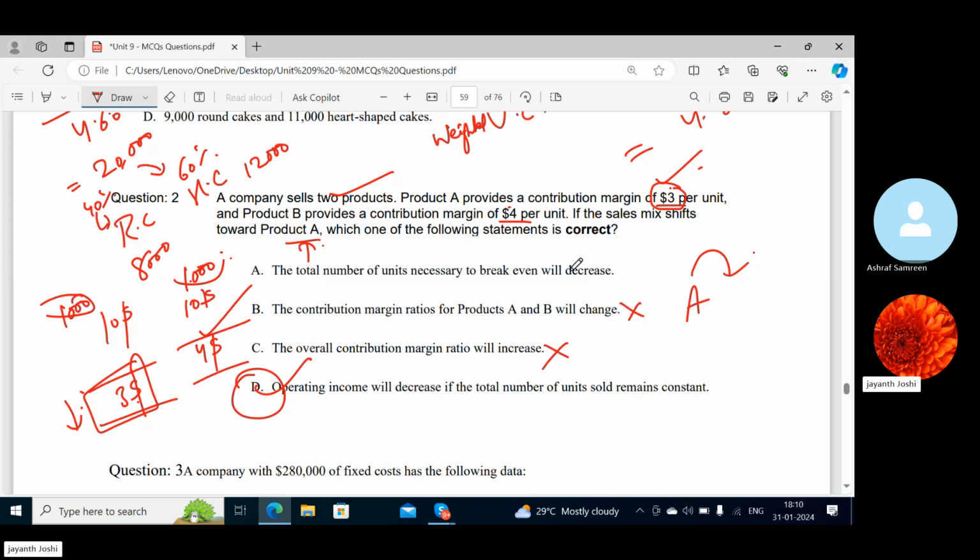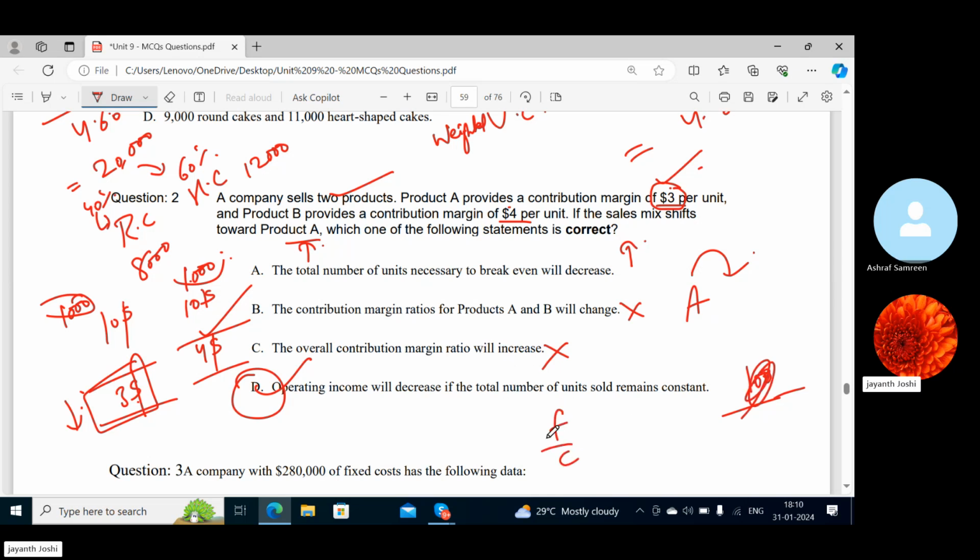Total number of units necessary to break even will decrease. If it is towards A, the total number of units necessary to break even will increase or decrease? Decrease. No, it will increase, right? Let's say if you are able to break even at 1000 units. What's the formula for break even point in units?